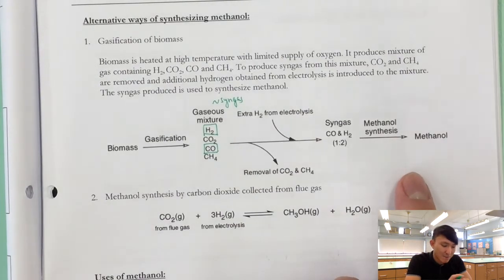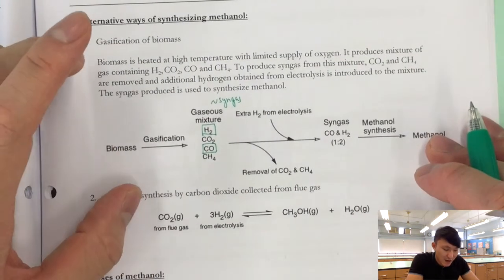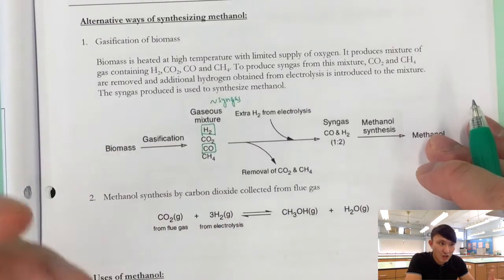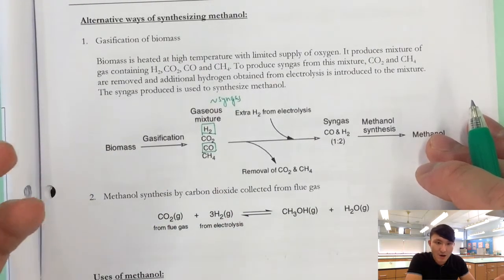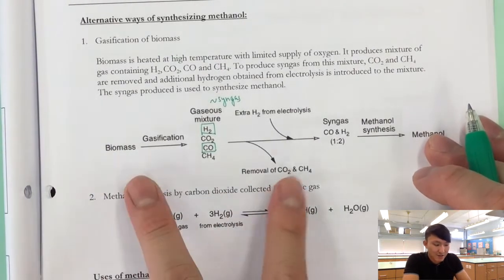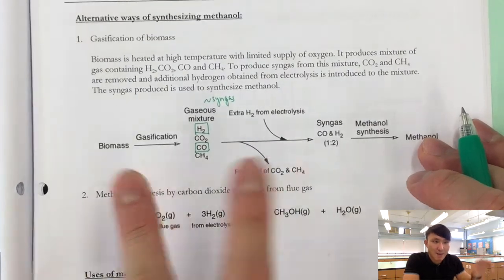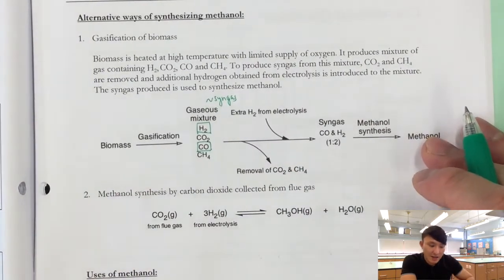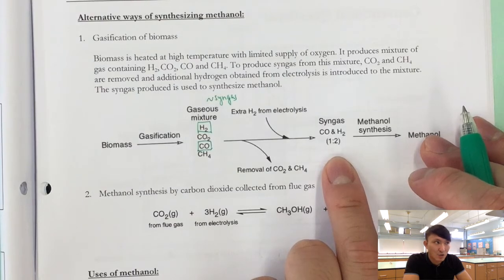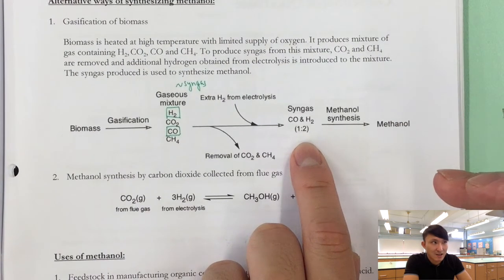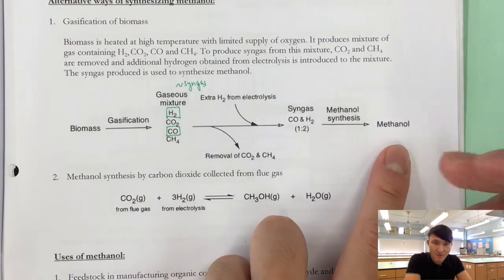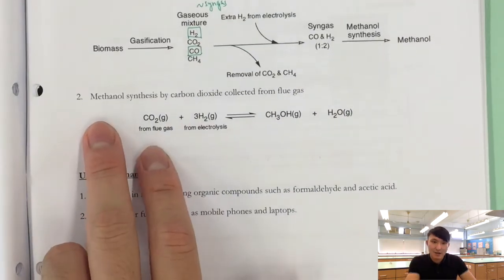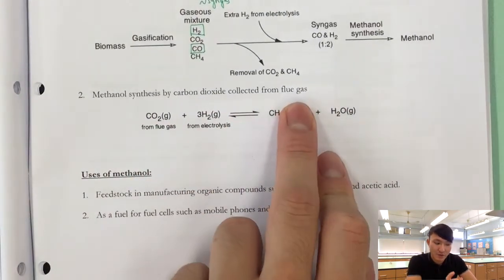So basically, this gasification of biomass replaces the original steam reforming of natural gas. And in both situations, at the end of the day, we will generate syngas, which is able to be used to make methanol. And the second alternative way is to make use of the fuel gas.